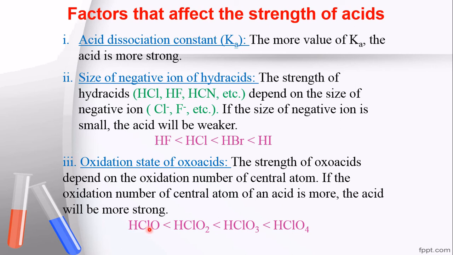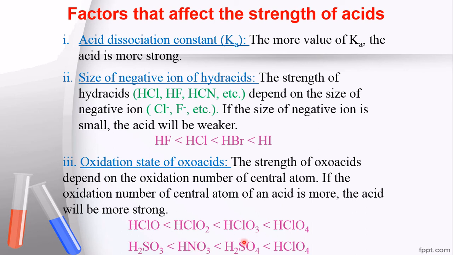Now here the central atom is the same for these acids. But look, this is another example, where the central atom is not the same. This is sulfurous acid, where the oxidation number of sulfur is +4. This is nitric acid. The oxidation number of nitrogen is +5.